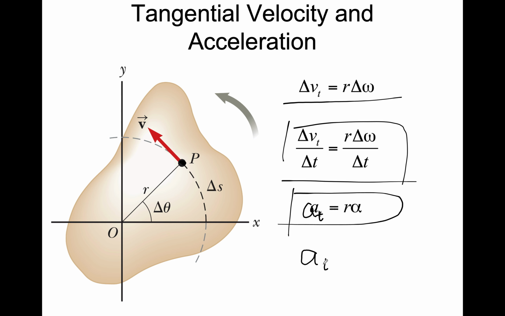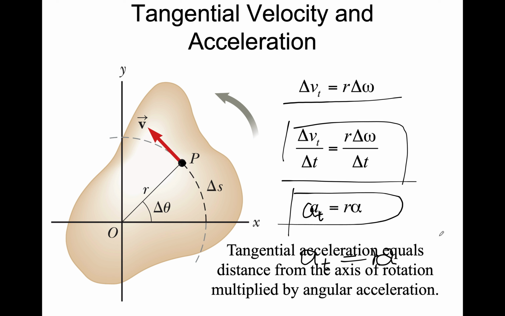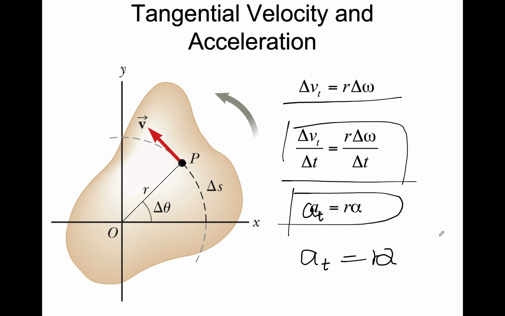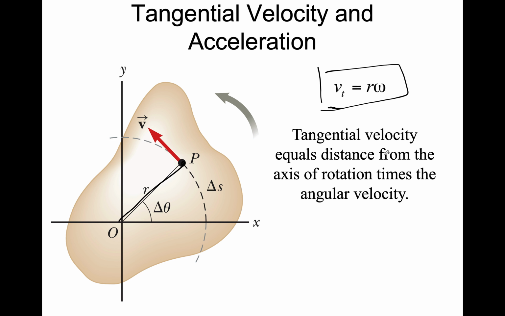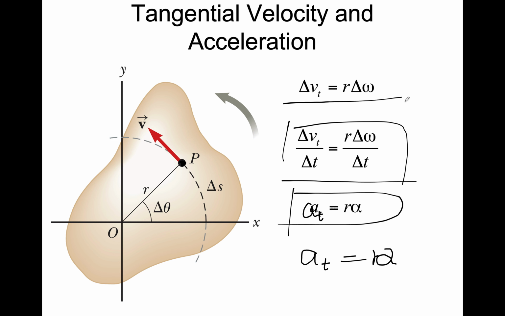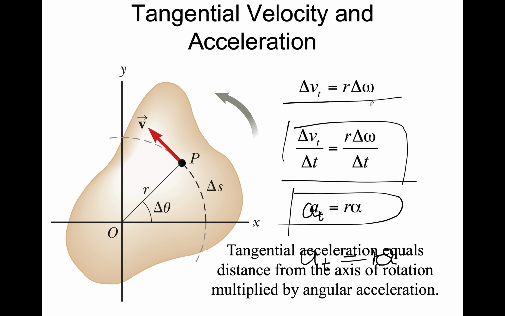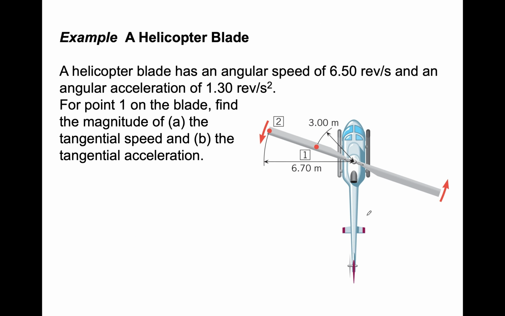Tangential acceleration equals r, the distance from this point to the rotational axis, times angular acceleration alpha. So we arrive at two important equations. Tangential velocity equals r times omega. Tangential acceleration equals r times alpha.